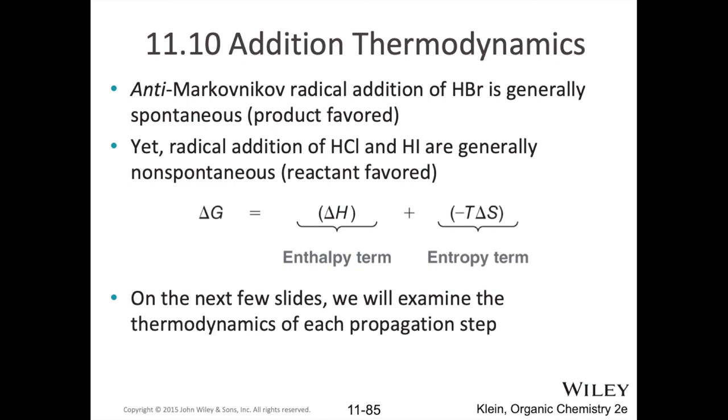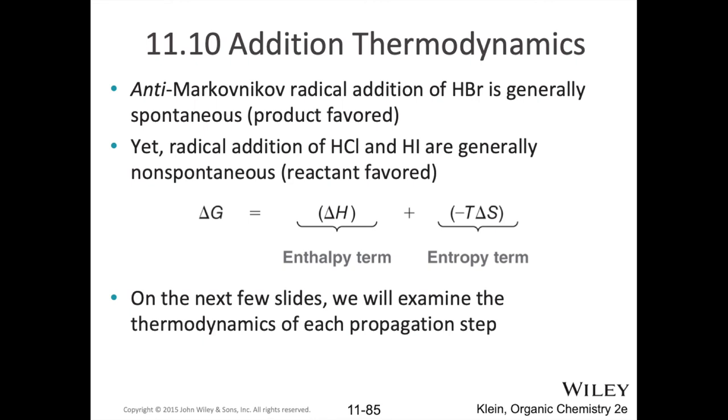Let's look at the thermodynamics of these addition reactions, just as we looked at the thermodynamics of the halogen substitution reactions. Typically with HBr, hydrogen bromide, we use that for our anti-Markovnikov radical addition, right?